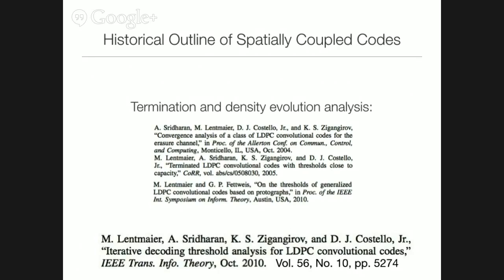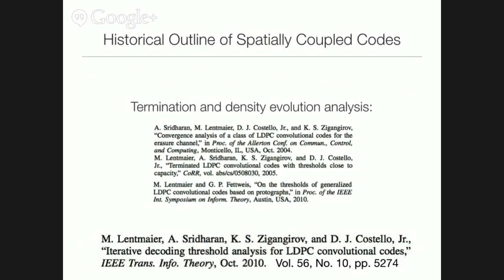Okay, in convolutional codes, there are terminated convolutional codes, right? And so Costello works a lot on convolutional codes, so they terminated them, and they ran density evolution. Okay, and they figured out that there was quite some difference in the threshold between these convolutional versions of the basic block codes and the block codes themselves. So they discovered that if you look at the thresholds, you see quite some different thresholds.